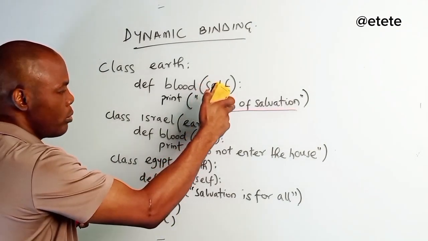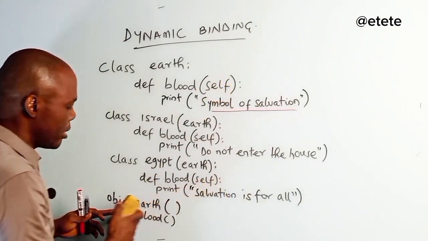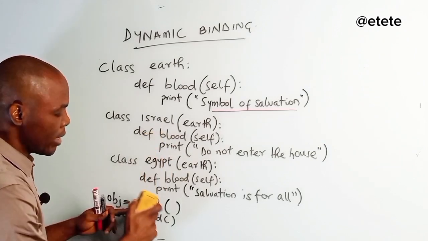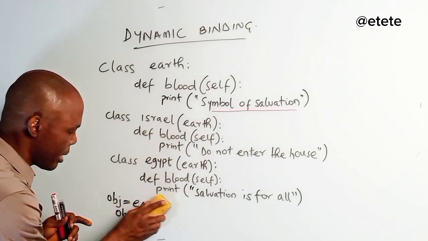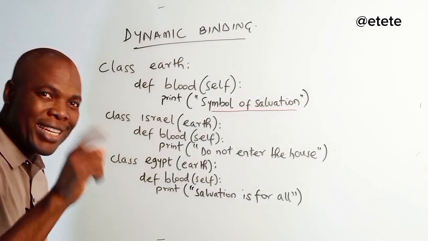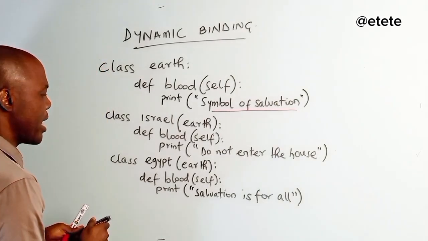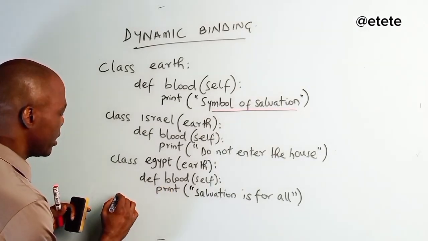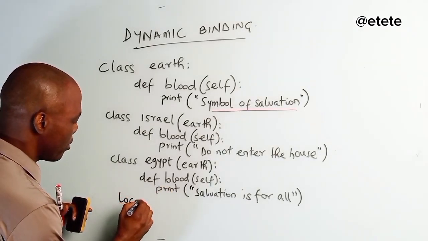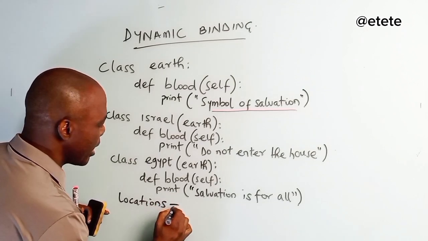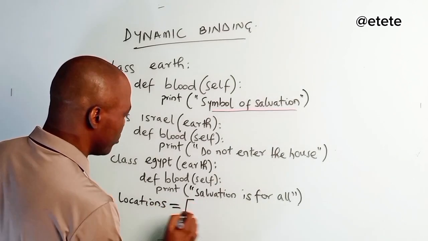In order for me to print out these three, instead of creating this object and then instantiating the class one by one, I can just create a list variable. I will create a variable, locations, and inside it I'll supply a list to it.